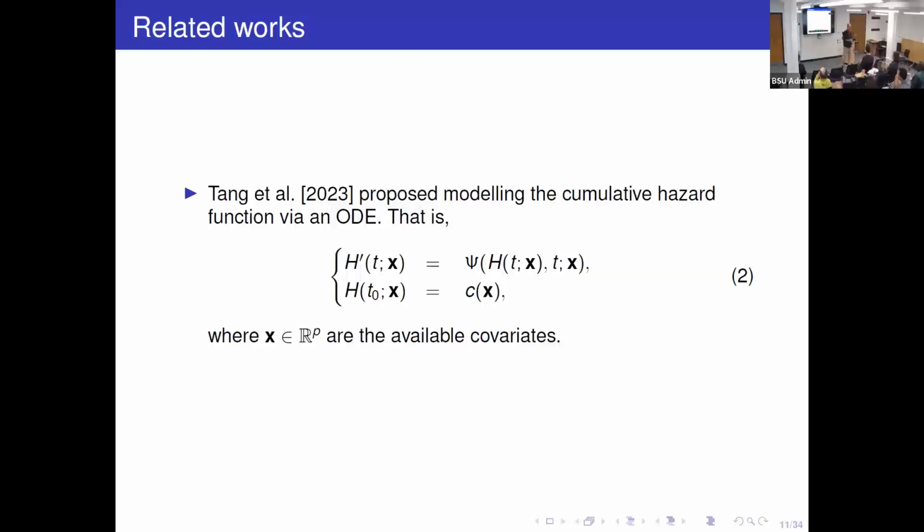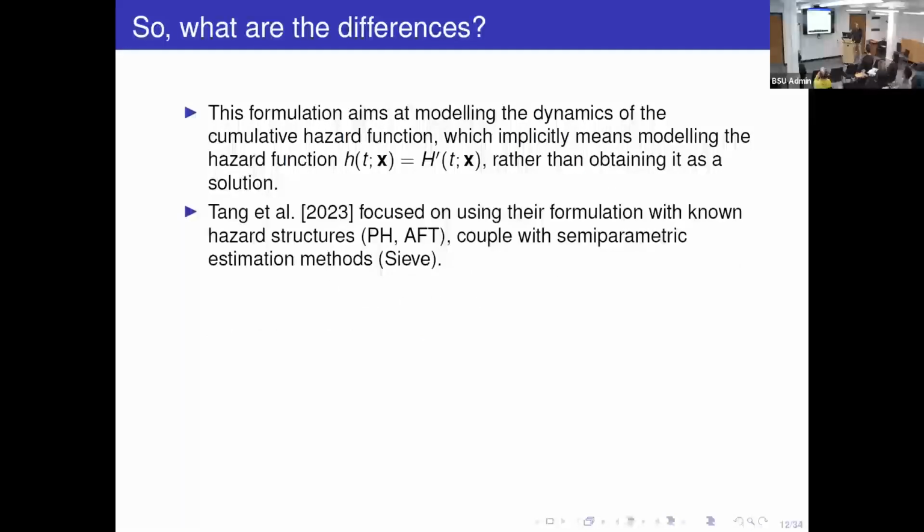I'm not saying this as a criticism, because that's exactly what they wanted in their papers. But what they are doing is modeling the hazard function, which is something that we have been doing since the times of Cox, basically. In their 2023 paper, they use this formulation to produce a new type of estimators, not semi-parametric estimators, but still coupled with well-known hazard structures, proportional hazards, accelerated failure time models, etc. Because they are modeling the hazard function actually, only through a different lens.